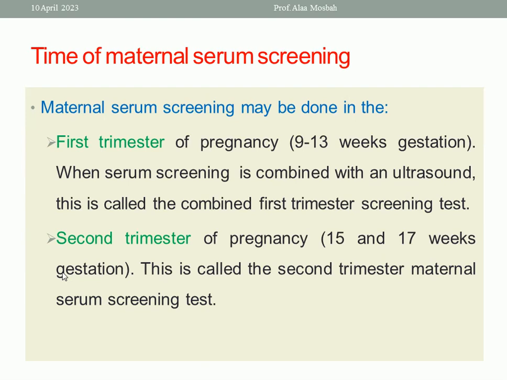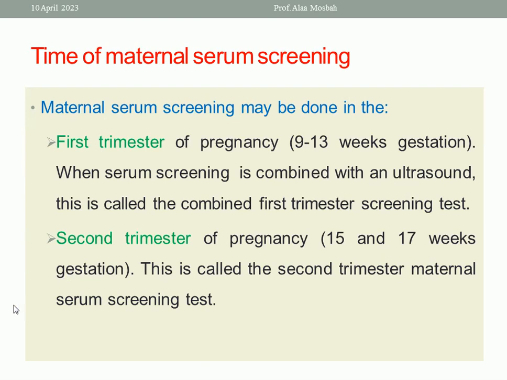Ultrasound, as I said before, is for nuchal translucency, increased nuchal translucency detected by ultrasound. But ultrasound is done between 11 to 13 weeks, while the maternal serum is done between 9 to 13 weeks. If we add serum test with ultrasound, we call it combined first trimester screening.